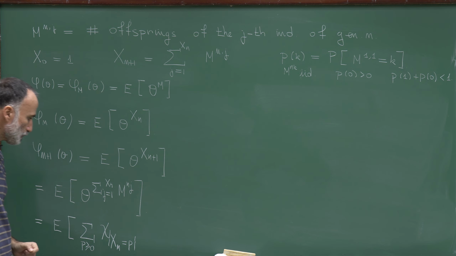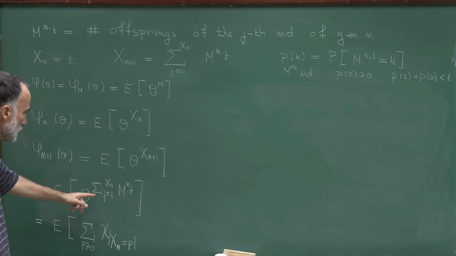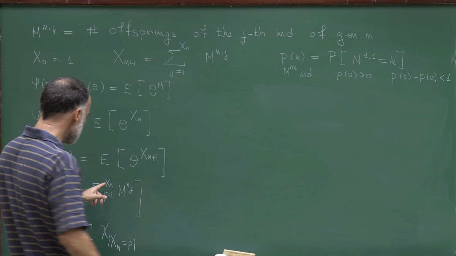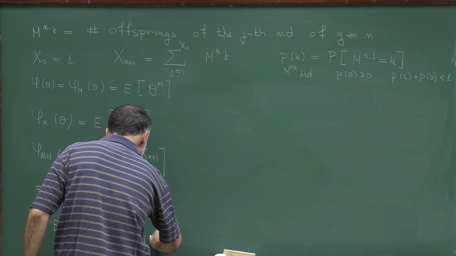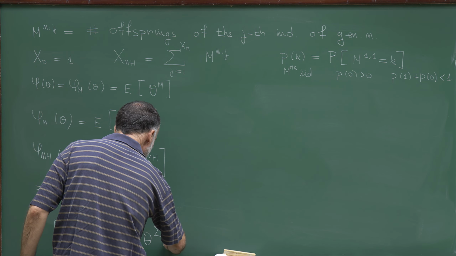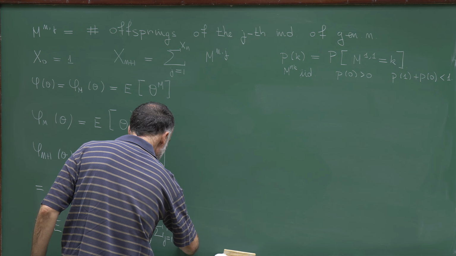So I'm computing this expression in the set in which xn is equal to p. But if xn is equal to p, I can replace xn by p, and what I get is the sum from 1 up to p of m n j.